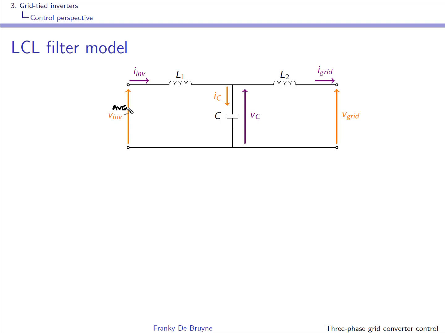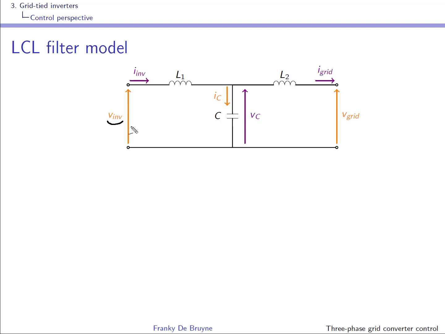I will use a notation that is a little bit lighter, and I will simply denote it as Vinv, the inverter voltage that you can influence using the duty cycle. And again, in my model I will forget about this duty cycle, although it's very important to understand, of course, that in the background there is this duty cycle that is being computed from your inverter voltage, and that this duty cycle is then applied to your actual system.